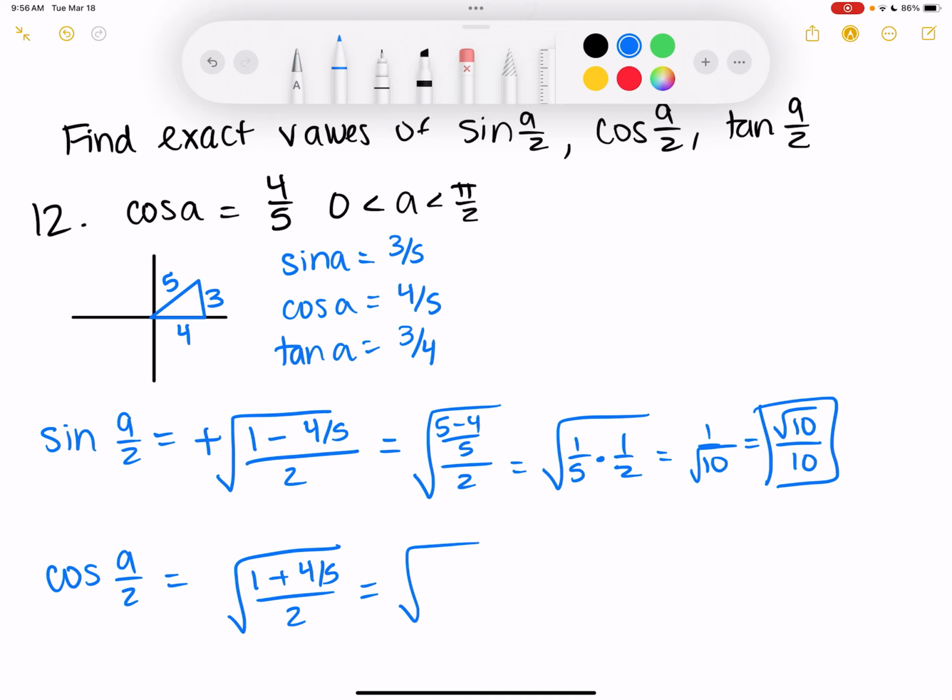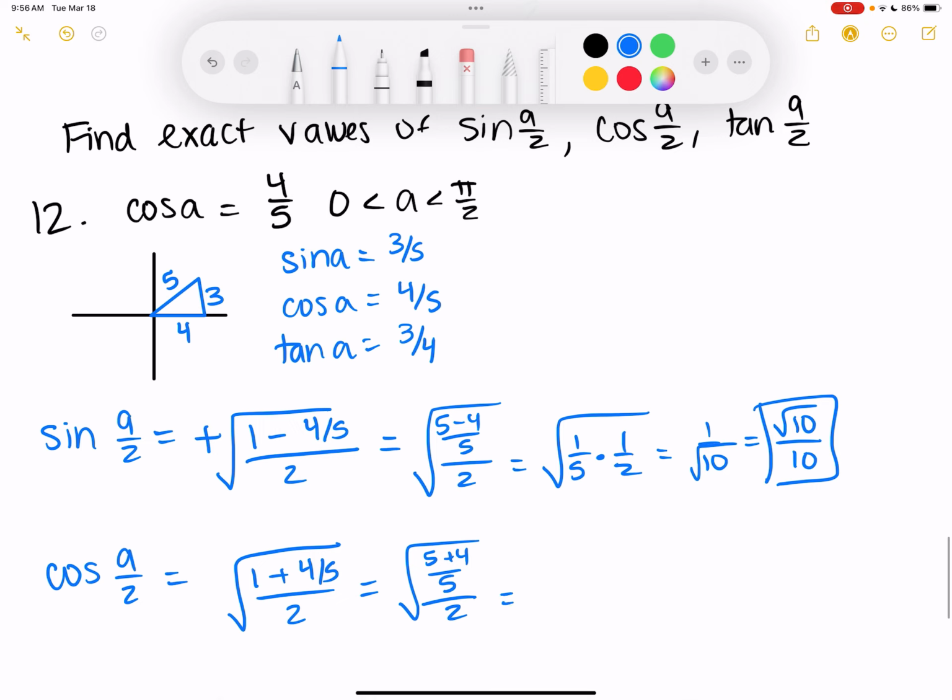So that would be the square root of 5 plus 4 over 5 all over 2, or the square root of 9 over 5 times 1/2. So the square root of 9 over 10. I can split that radical top and bottom. Square root of 9 is 3 over root 10. Rationalize: 3 root 10 over 10.